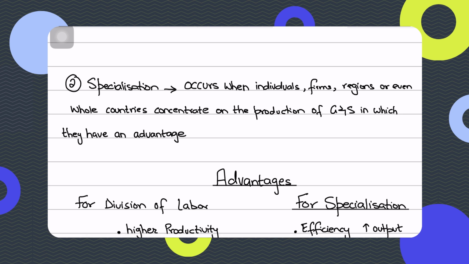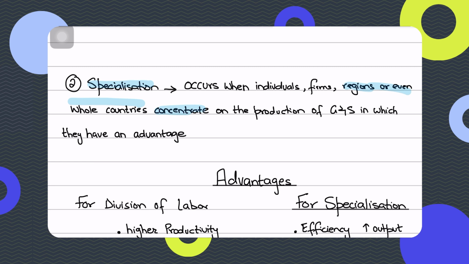Specialization basically occurs when individuals, firms, regions, or even whole countries concentrate on the production of those goods and services in which they have an advantage.